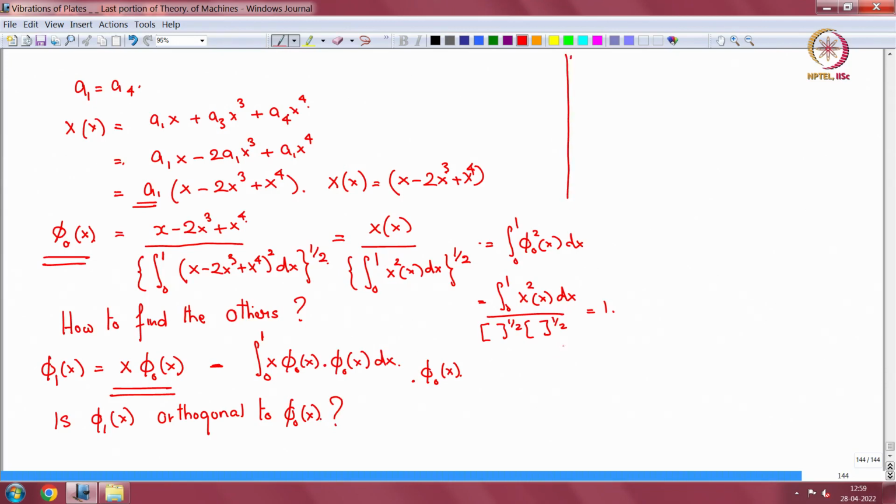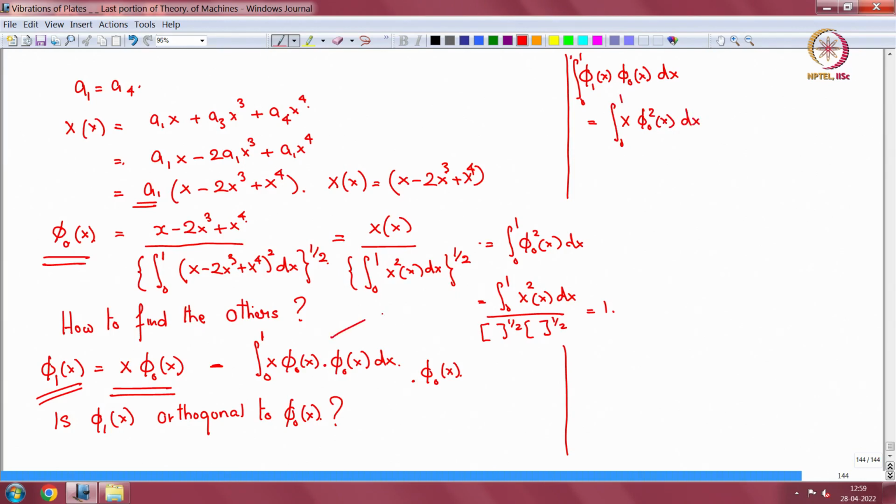Because now if I multiply phi 1 of x by phi 0 of x and integrate 0 to 1, I will do that here. What do I do? Multiply this by phi 0. So, that means on the right I get x phi 0 square, then I integrate from 0 to 1 dx.